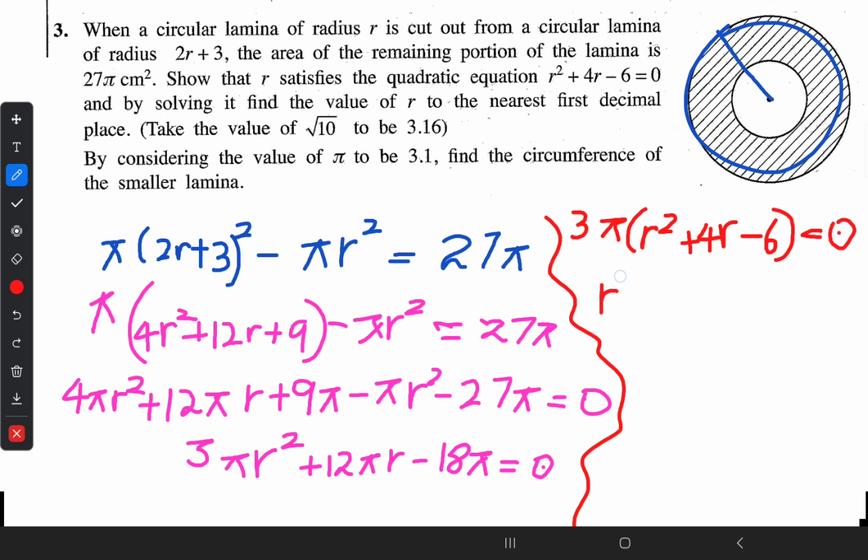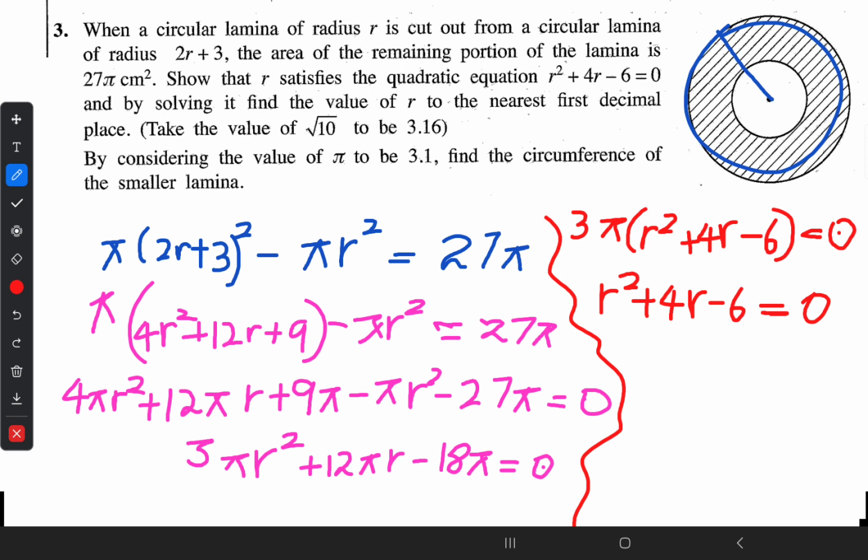Then r squared plus 4r minus 6 equals 0 divided by 3 pi. 0 divided by any value would be 0 again. This is the quadratic equation. By solving it, we have to find the value for r to the nearest first decimal place.